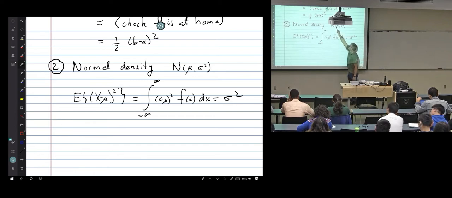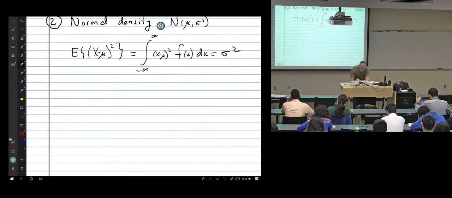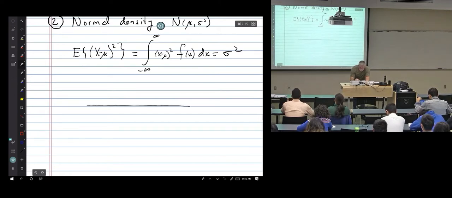So the normal density is written down, so it's parameterized by its mean and its variance. And then you get these beautiful pictures.